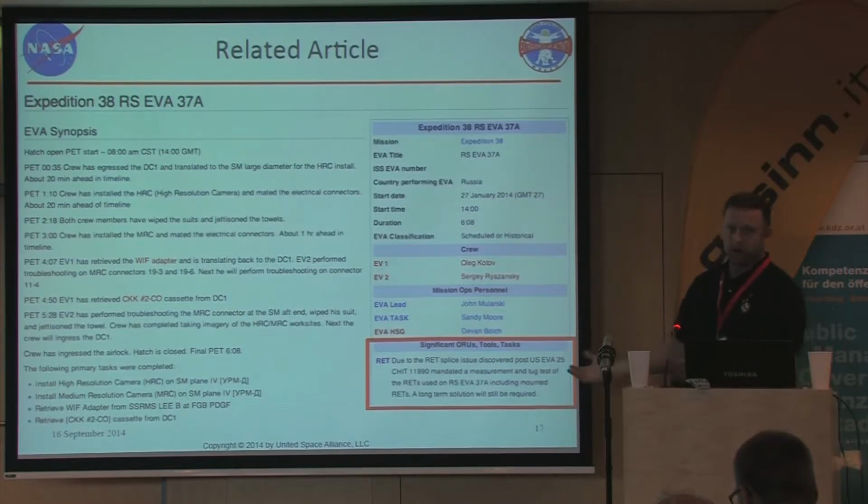So this particular piece of hardware, the retractable equipment tether, had an issue, and so let's flag that, and that way down the road we can easily just go to that hardware page, go to the footer, and find, oh yes, that's right, it was on this Russian EVA 37A. I forgot that's the one it was.